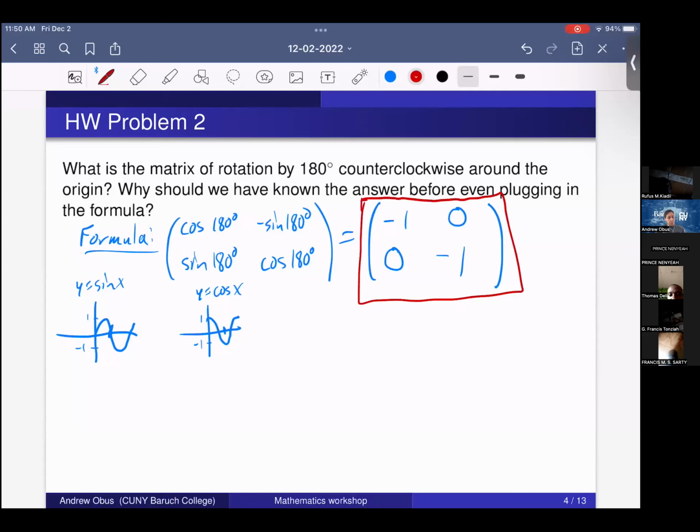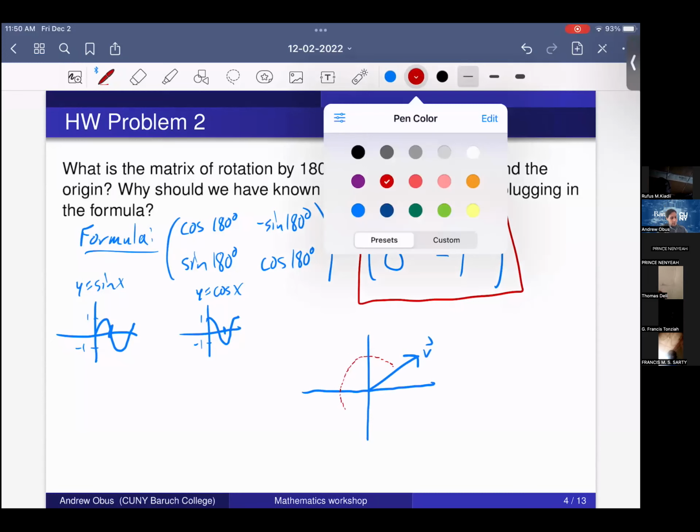It's just writing down the matrix, but the second part of the question is saying, why did we not even need to use the formula? So kind of graphically, what happens when I take a vector and rotate it 180 degrees? Let's say I have my vector v. And what does it mean to rotate it 180 degrees around the origin? Well, it means I go at a full angle of 180 degrees here, and I end up with my new vector. Maybe I'll use a different color.